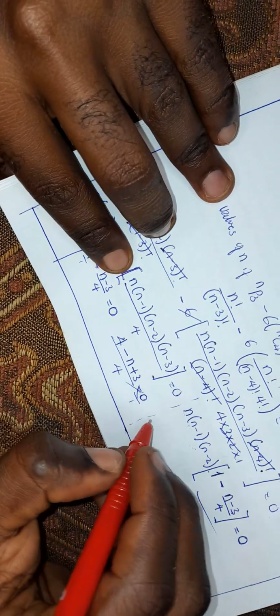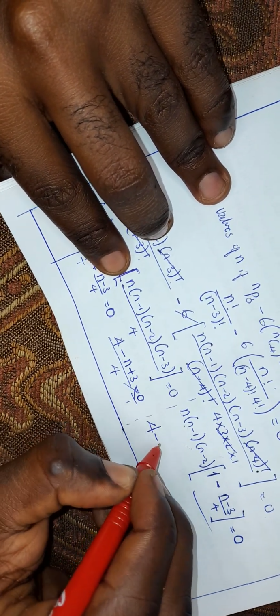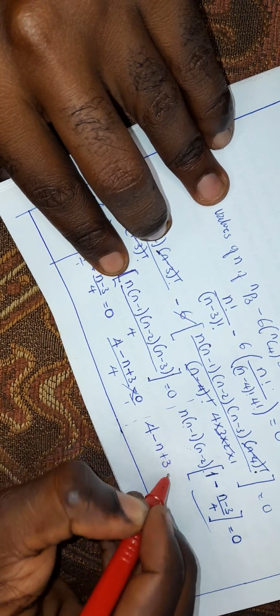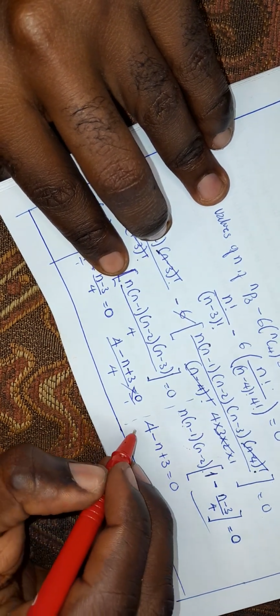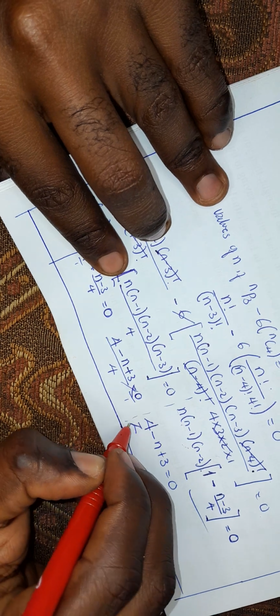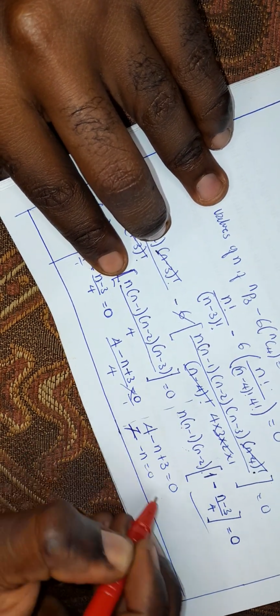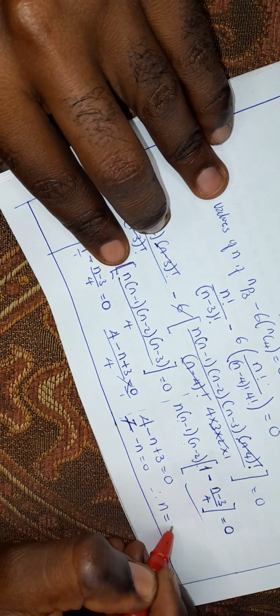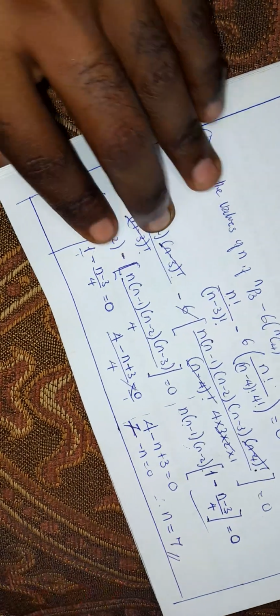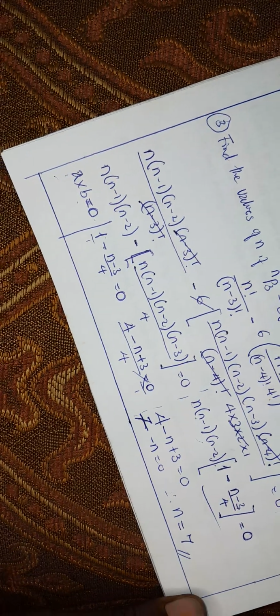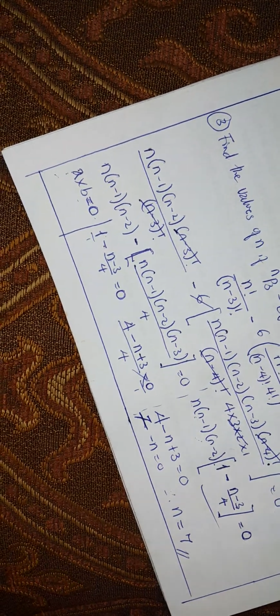Cross multiply. I'm left with 4 minus n plus 3 equals 0. So this is 7 minus n equals 0. Therefore, n equals 7. That's all for this question.